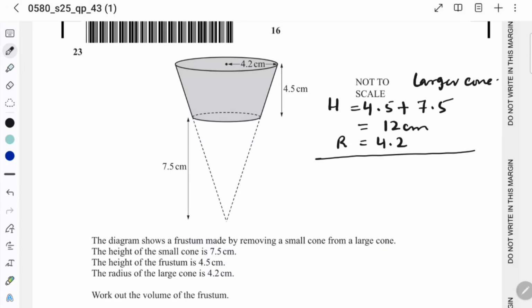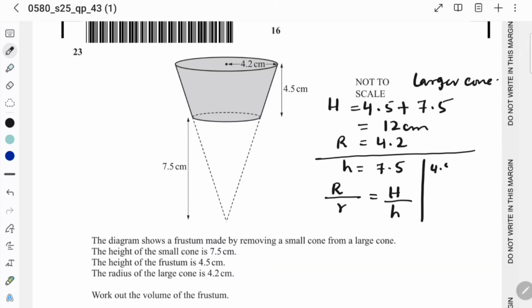We know that the height of the smaller cone is 7.5. We can take the similarity, otherwise we don't even have the slant height, then we cannot find out the radius. So we take the similarity: the radius of the bigger cone divided by the radius of the smaller cone equals the height of the bigger cone divided by the height of the smaller cone. Take the ratio and find your answer.